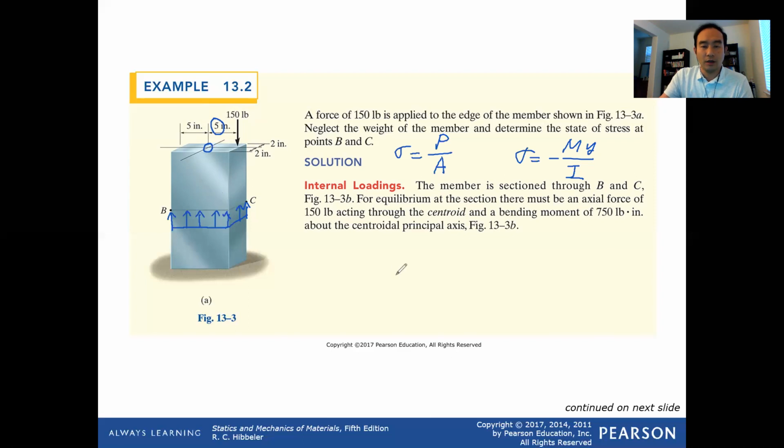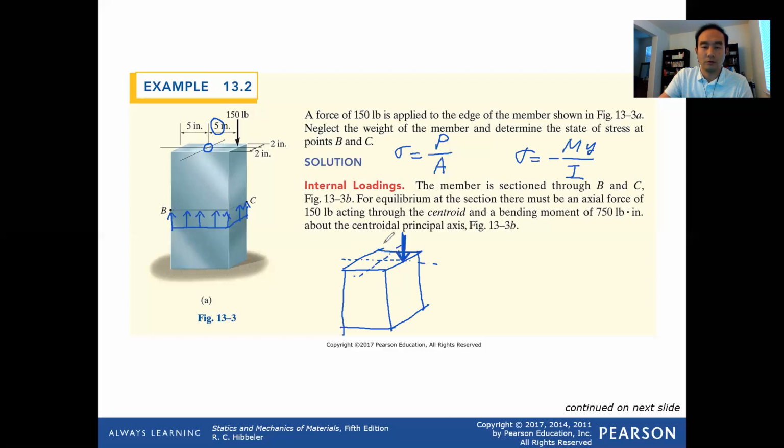So I can draw this structural system here again. Now this is the vertical line that I'm talking about, and here we have a horizontal line, and the force is applied at this edge.